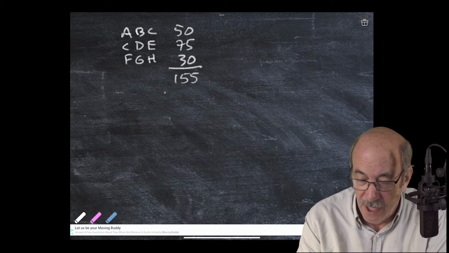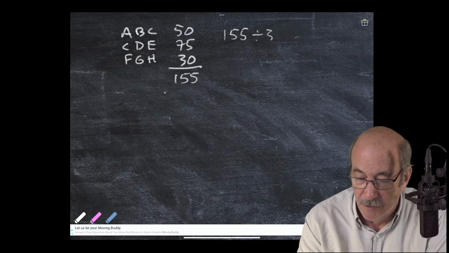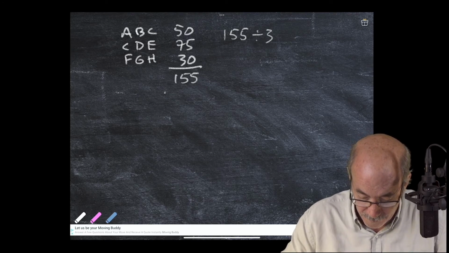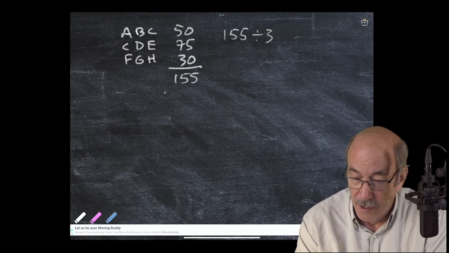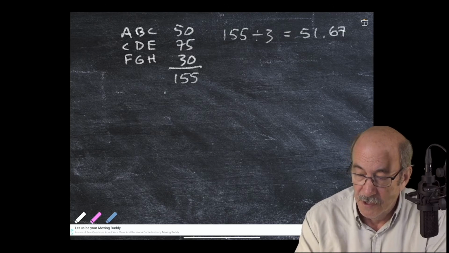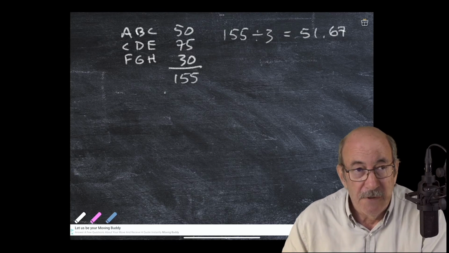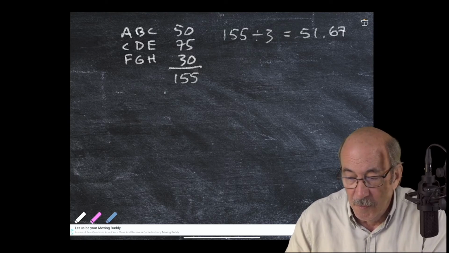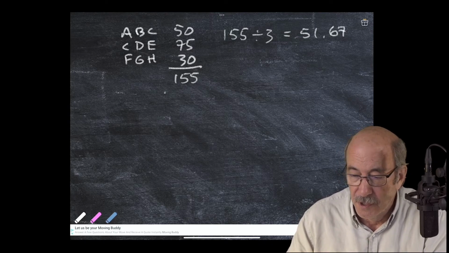So the beginning value for this index is 155 divided by 3. And so that becomes $51.67, or you can even think of it as just points, 51.67 points. That's the beginning level of my index.